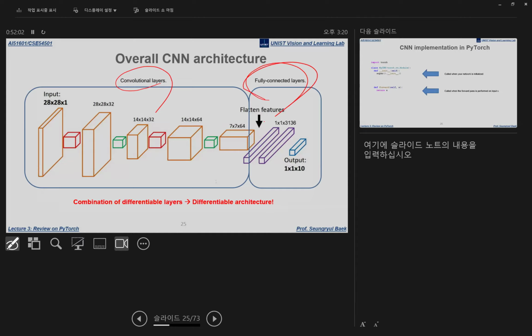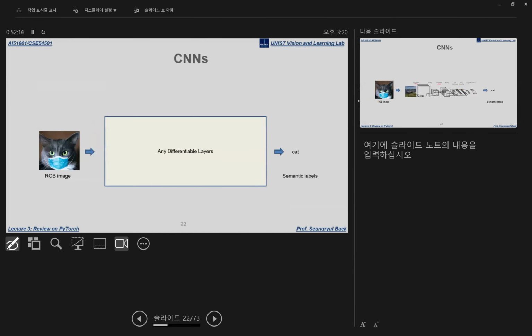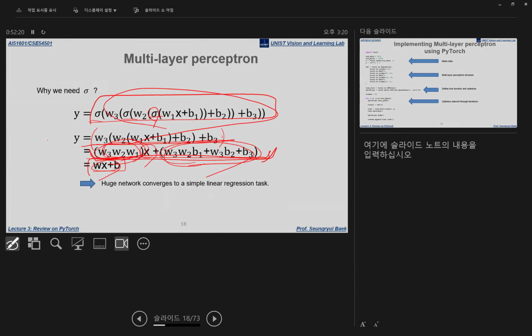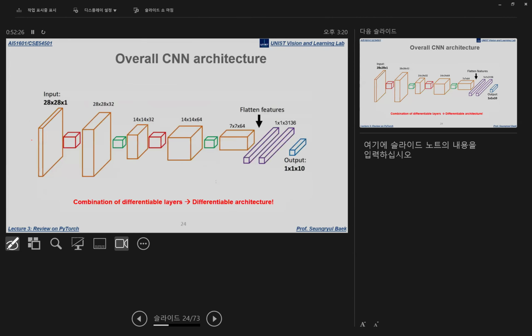The fully connected layers process 1D signals, and that is actually the same as the MLP we just learned. This type of layer is used in the later part of the CNN to further process the one-dimensional signals.